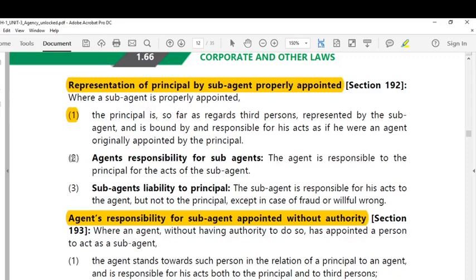And the agent's responsibility for subagents: the agent is responsible to the principal for the acts of the subagent. So the agent is responsible to the principal, not to the subagent.